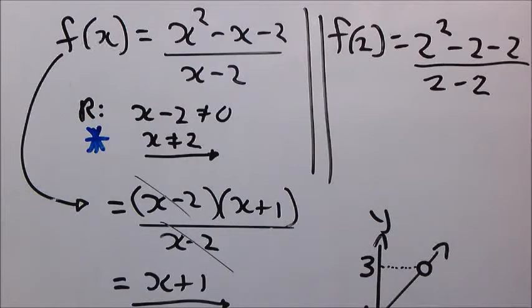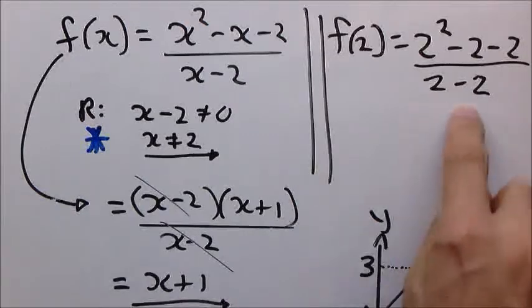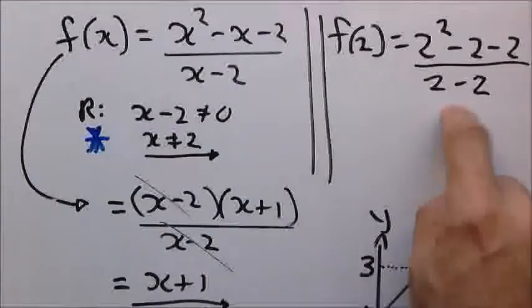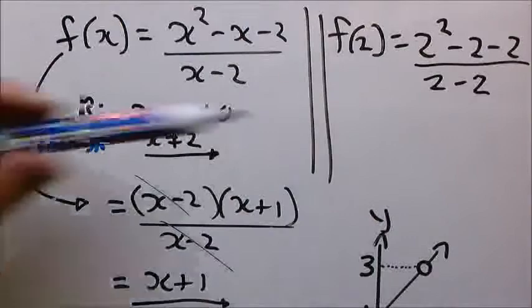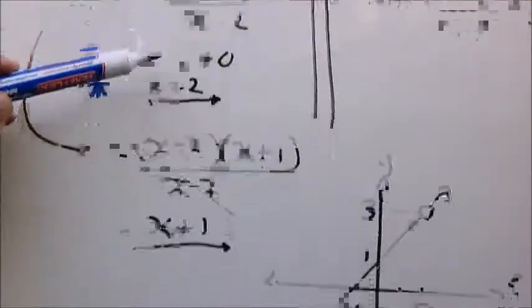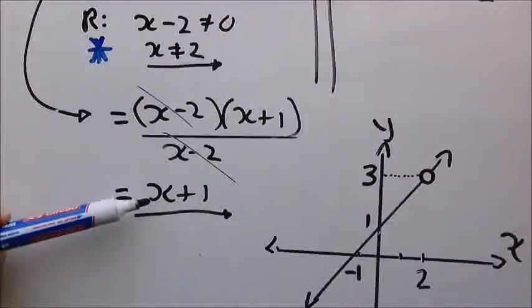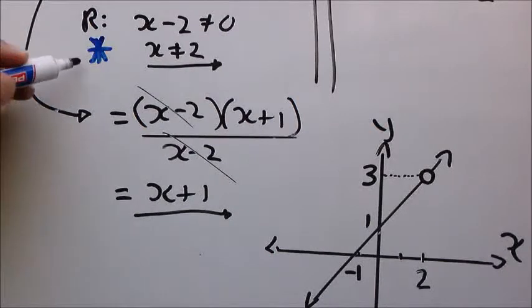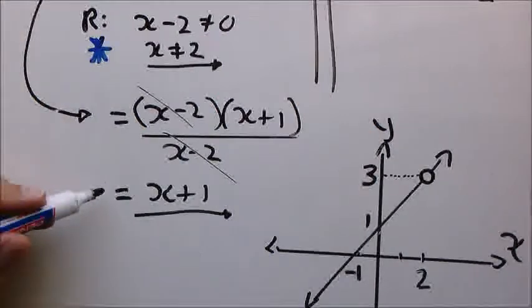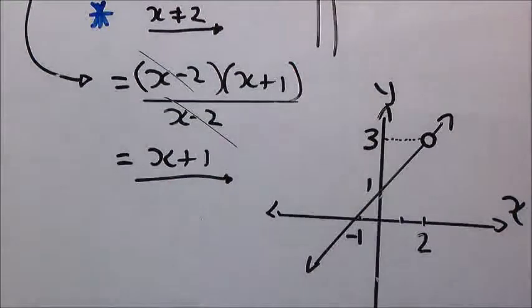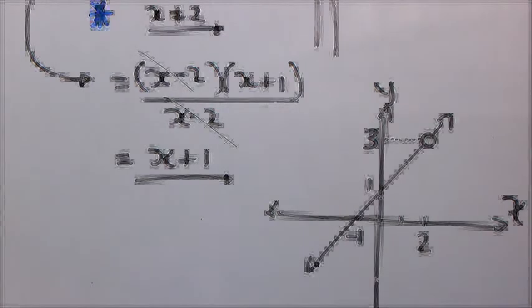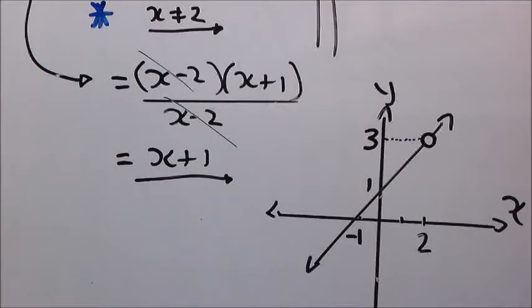What's going to happen? It will just become 0, right? And then the denominator will become 0, and that's the important one. That makes it undefined. But we know that this equation is also equal to x plus 1 with the understanding that we have a restriction added. So if you look at the graph, it will be equal to 3, but it would not exist.